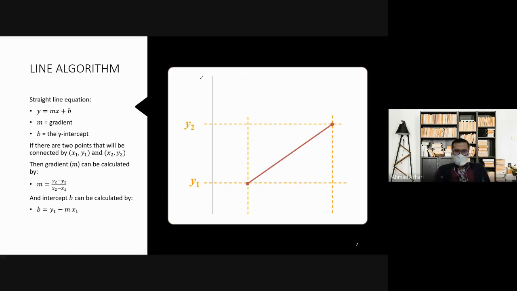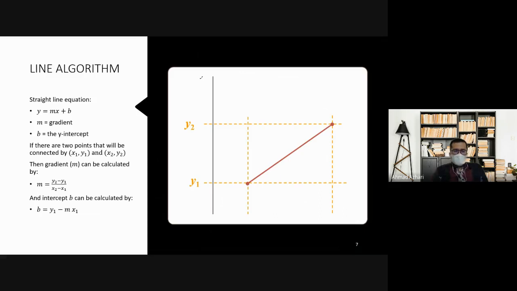As you can see, the straight line equation is y equals m multiplied by x plus b. m is the gradient and b is the y-intercept. If there are 2 points to be connected, (x1, y1) and (x2, y2), then the gradient m can be calculated using these equations.